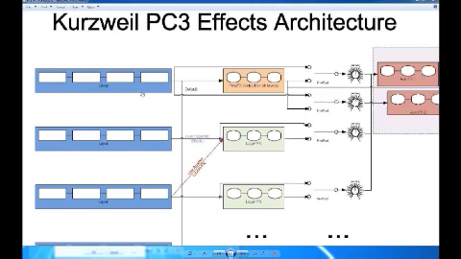Right, what we've got here is a diagrammatic representation of the signal routing and the effects architecture within the PC3. If you think of a program, on the left here we've got layers of the program, and in this example we've got 4 layers.